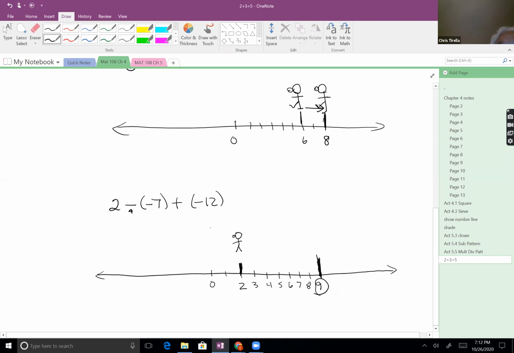Once he gets here, we're going to add. When we add, we face right. But we're adding not 12, but -12. So from here, we're going to go backwards 12. 1, 2, 3, 4, 5, 6, 7, 8, 9, 10, 11, 12.